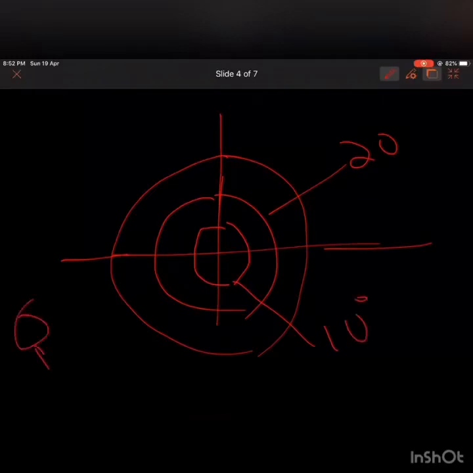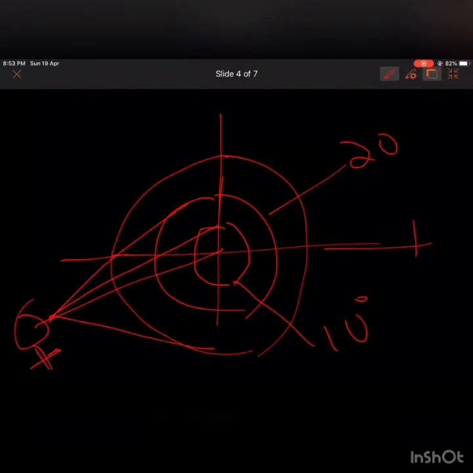If this is the person, this is the fovea. From the fovea, this is 10 degree, this is 20 degree and this is 30 degree. Understood? So somewhere here on the temporal aspect, between 10 to 20, around 15 degrees, you will have your blind spot. This is the blind spot, which corresponds to your optic nerve.